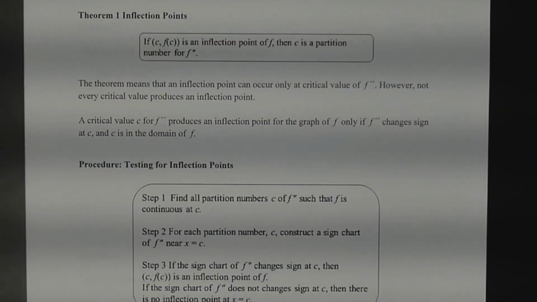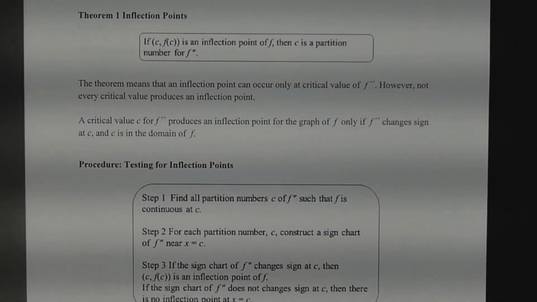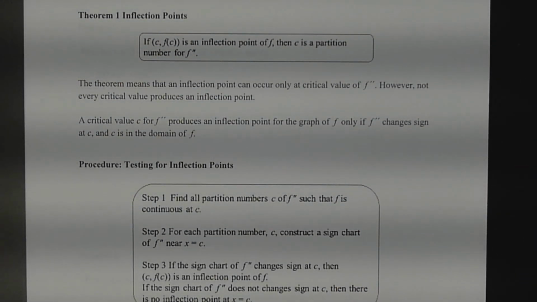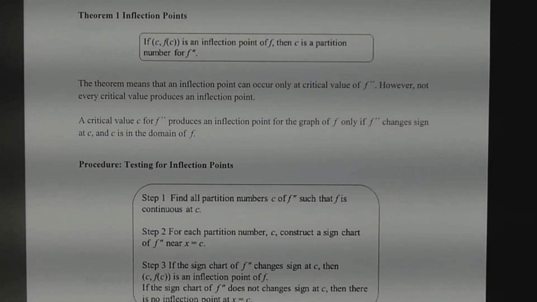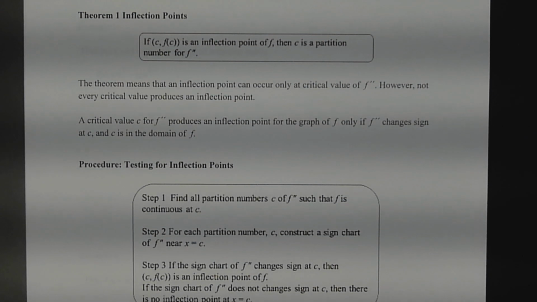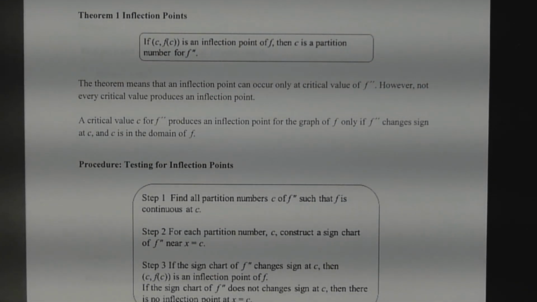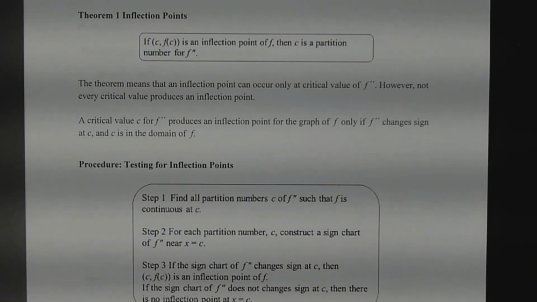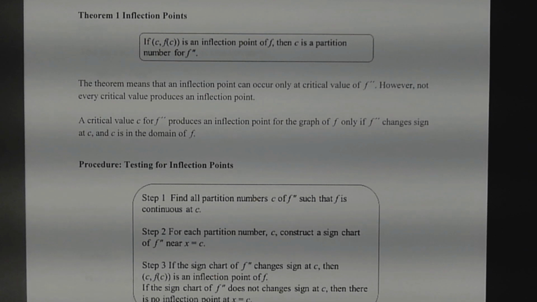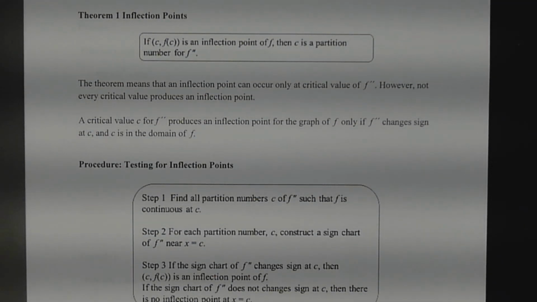All right, so on the next page is a theorem that deals with inflection points. If the ordered pair C, f of C is an inflection point of f, then C is a partition number for f double prime, or the second derivative. What that theorem means is that an inflection point can occur only at the critical value of f double prime.